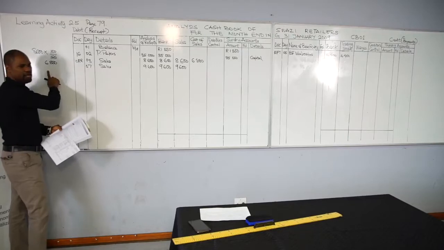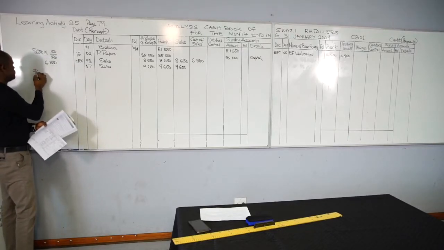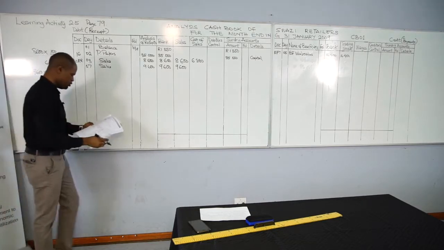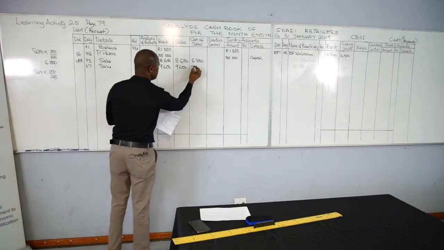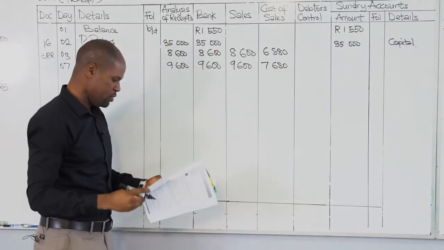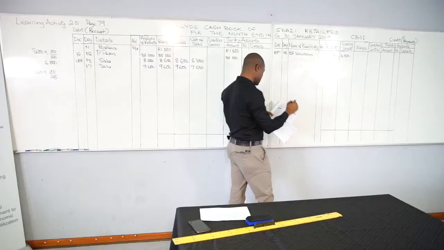Don't forget the formula. So it's going to be the portion of the sales amount times 100 all over the cost plus my percentage. So here we are going to have 7,680.